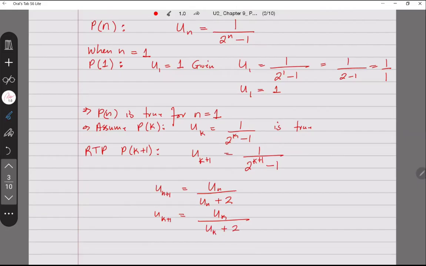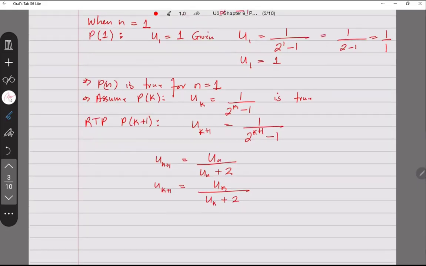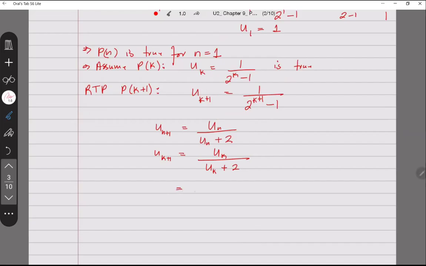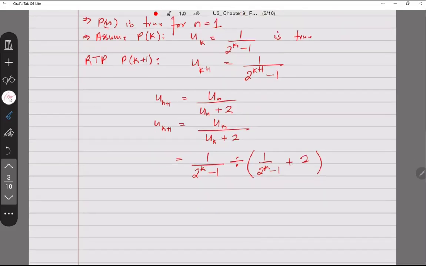But Uk is equal to 1 over 2 to the k minus 1. So this would be equal to 1 over 2 to the k minus 1 divided by 1 over 2 to the k minus 1 plus 2. That is what Uk plus 1 would be equal to using that formula.